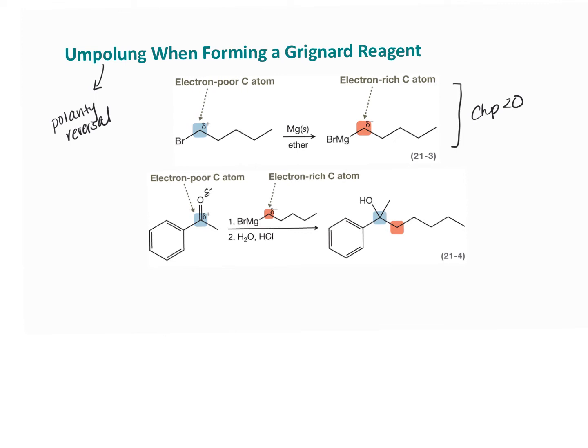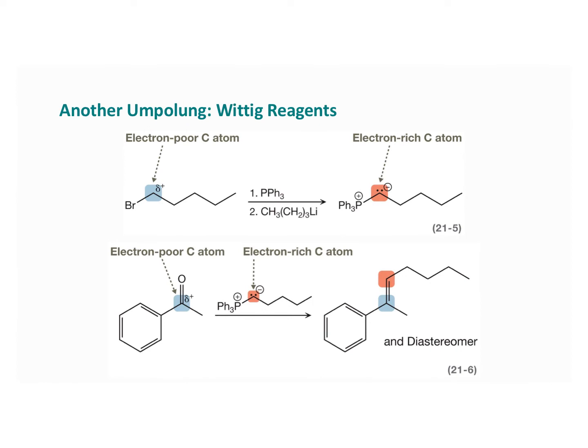Now, another example of an Umpolung. So the Grignard is an Umpolung, right, where we're reversing the poles. But another example is the conversion of an alkyl halide into a Wittig reagent. I just want to remind you, this was in chapter 18, so this is a bit of a review. When we look at this, we have an electron-poor carbon atom of an alkyl halide.